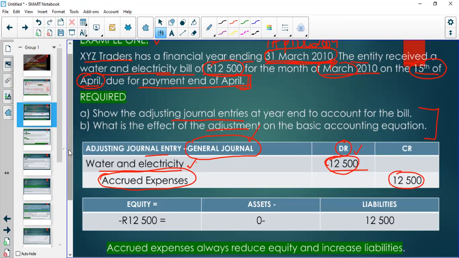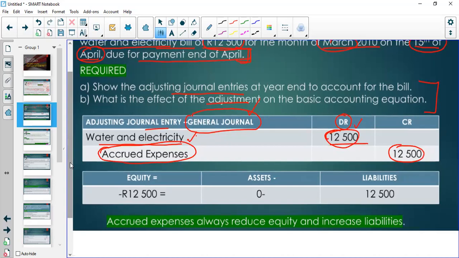The effect on the accounting equation is that our expenses have increased. If expenses increase, equity decreases, because our profits reduce, and that reduces the amount that the owner has in the company. So our equity is going to decrease.